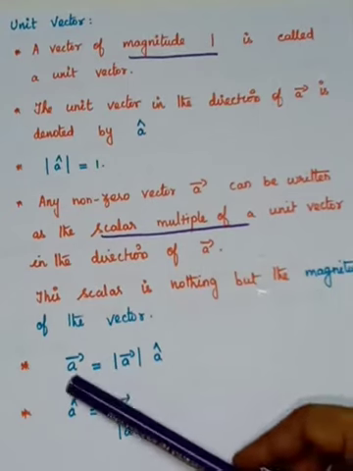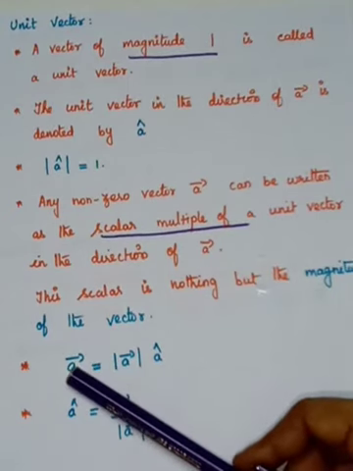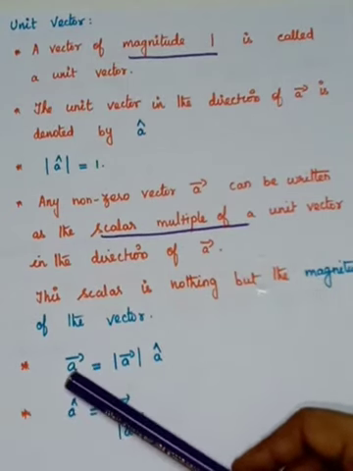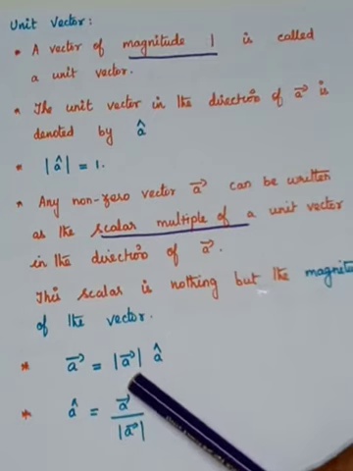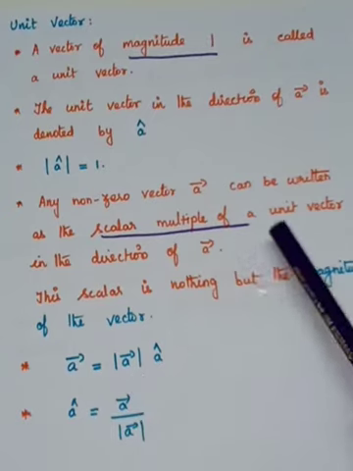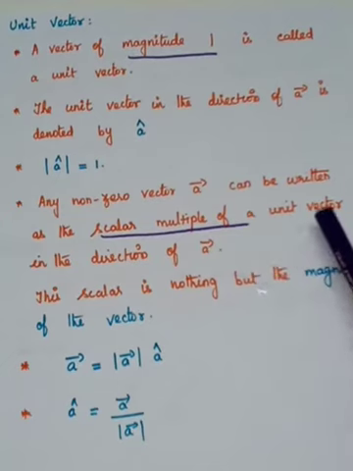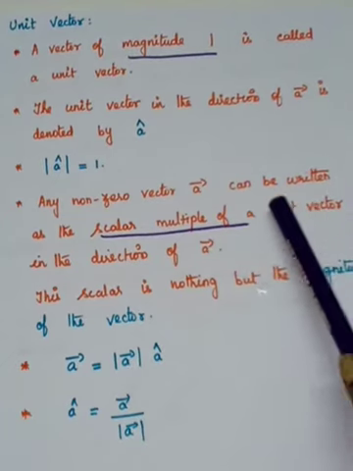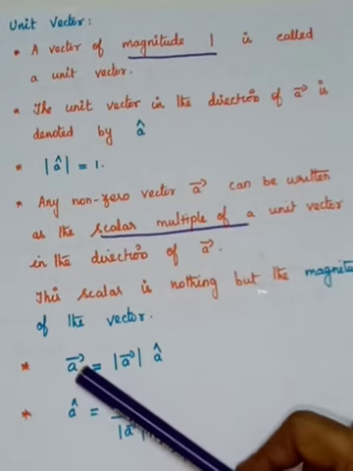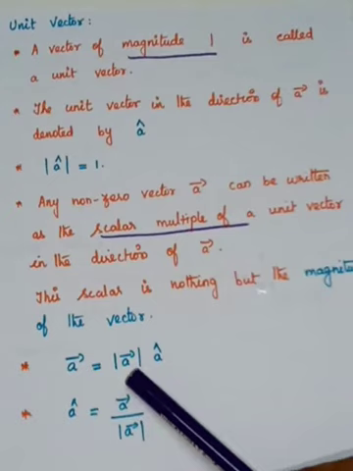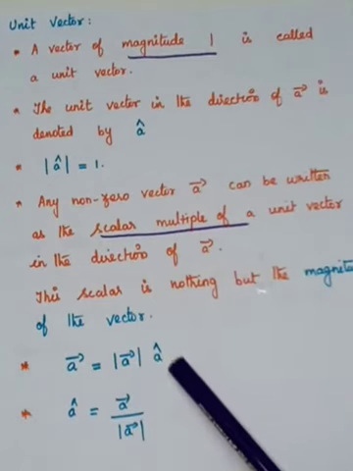So any non-zero vector A can be written as a scalar, and that scalar is the magnitude of that vector. The magnitude of the vector is mentioned as the modulus of vector A. It is a scalar multiple of a unit vector, and the unit vector is A cap. So any non-zero vector A can be written as modulus of A into A cap.